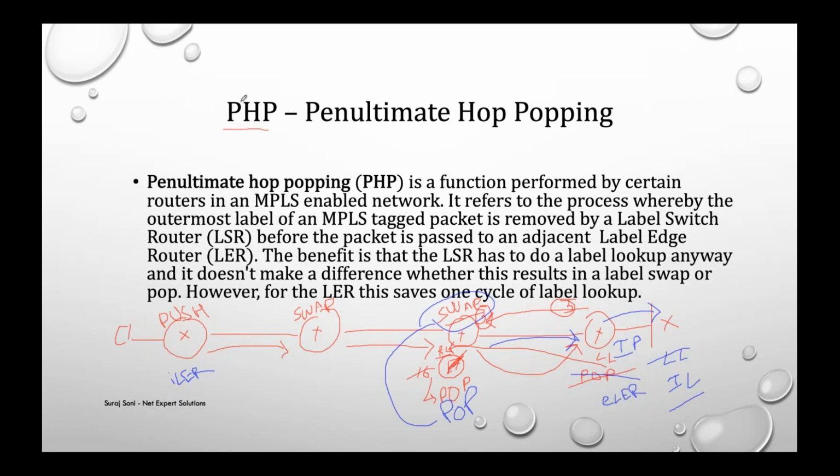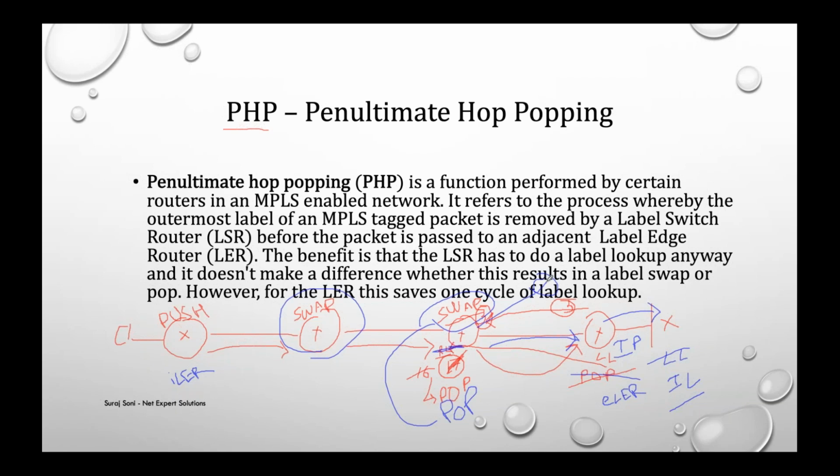Okay, so this is called PHP, penultimate hop popping, where the second last router, not the last router, for a specific destination, keep this in mind guys, for a specific destination, it does not mean all the time this router will do the pop operation. If the destination is attached to this router, then this router will do the pop operation for this destination.